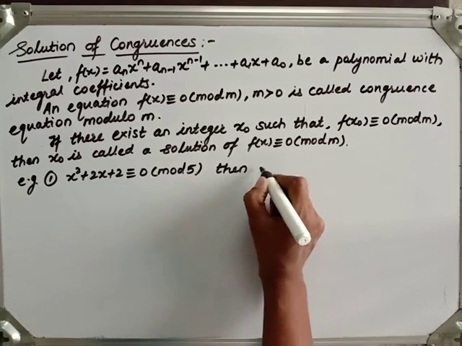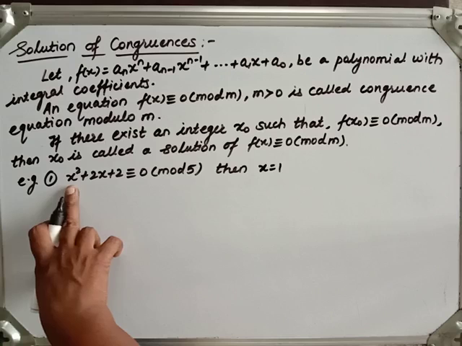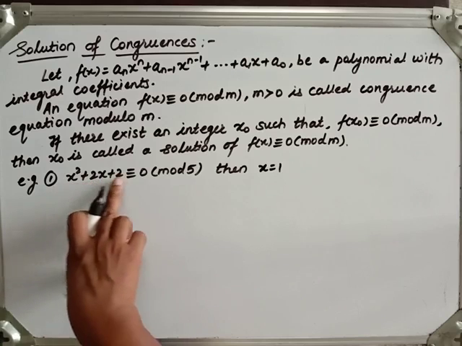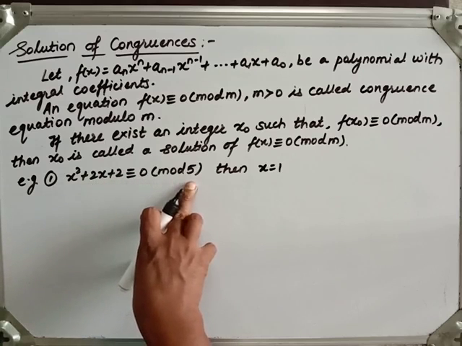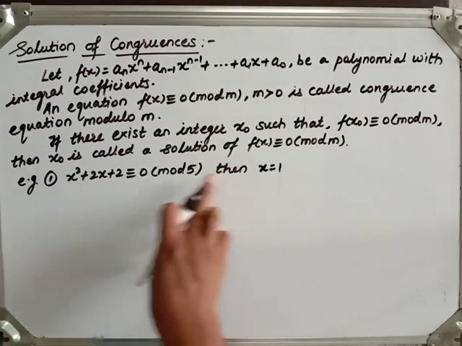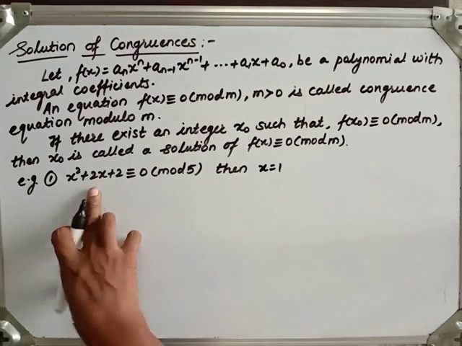So here x is equal to 1. If we put x is equal to 1, it will be 1 square plus 2 into 1 plus 2, so it will become 5. 5 is congruent to 0 modulo 5. So it satisfies for x equal to 1, so x equal to 1 is a solution for this congruence equation.